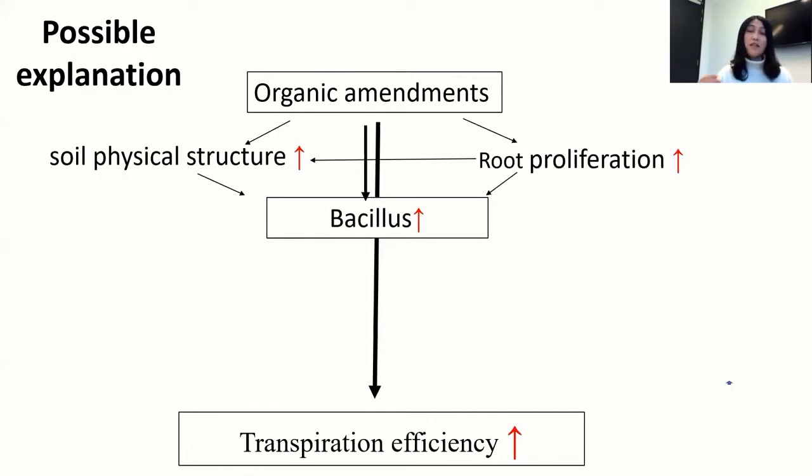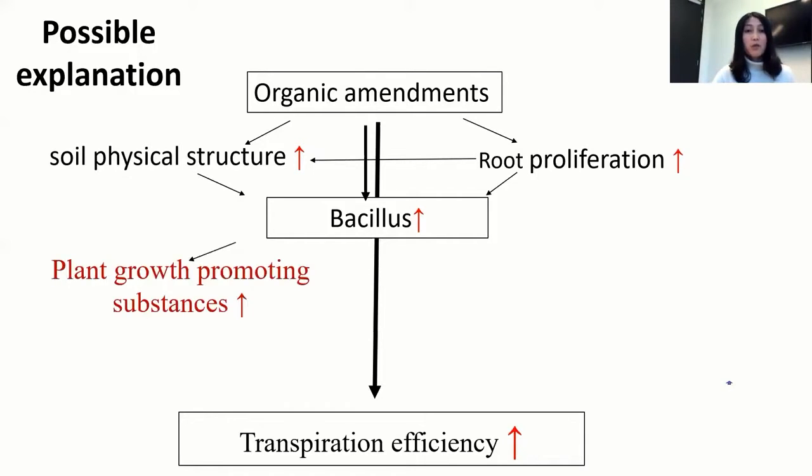And then the increase in Bacillus can trigger the synthesis of hormones such as plant growth promoting substances, which can explain the vigorous early shoot and root growth, the increase in plant biomass and the increase in transpiration efficiency.